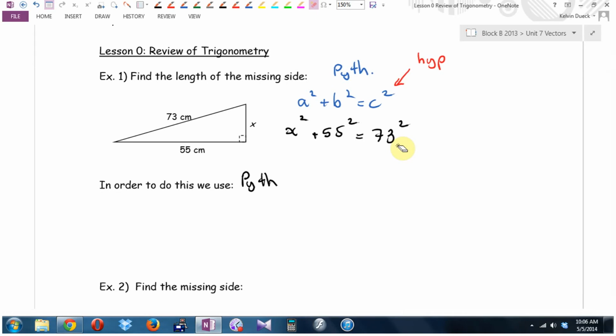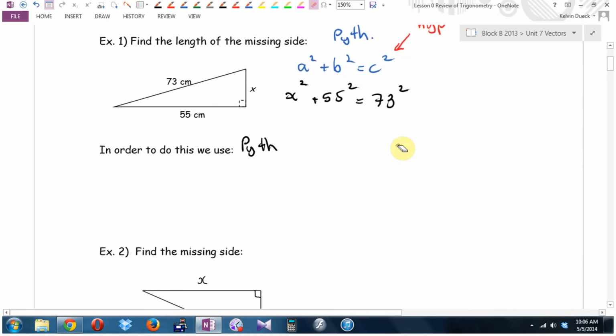Mark, my friend, how to get the x by itself? Minus 55 squared, and then? X squared equals 73 squared minus 55 squared. Square root. Good. Try it on your calculator, please.